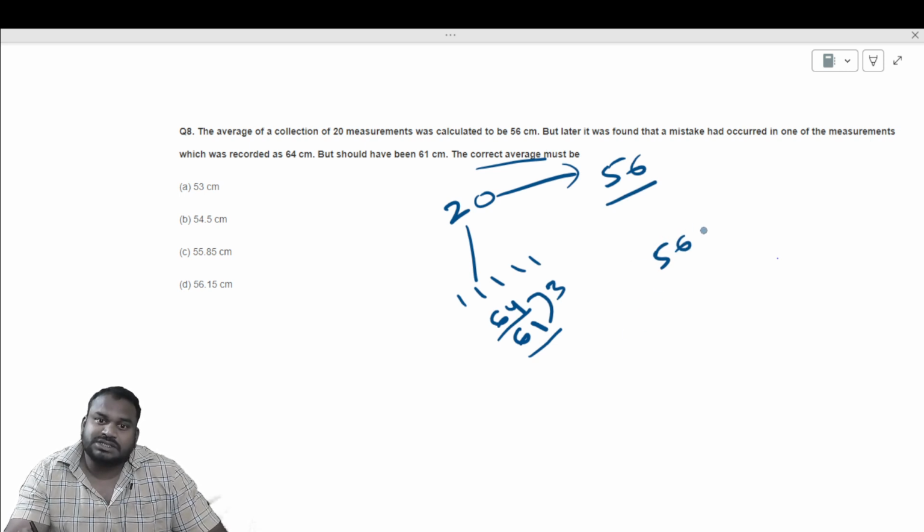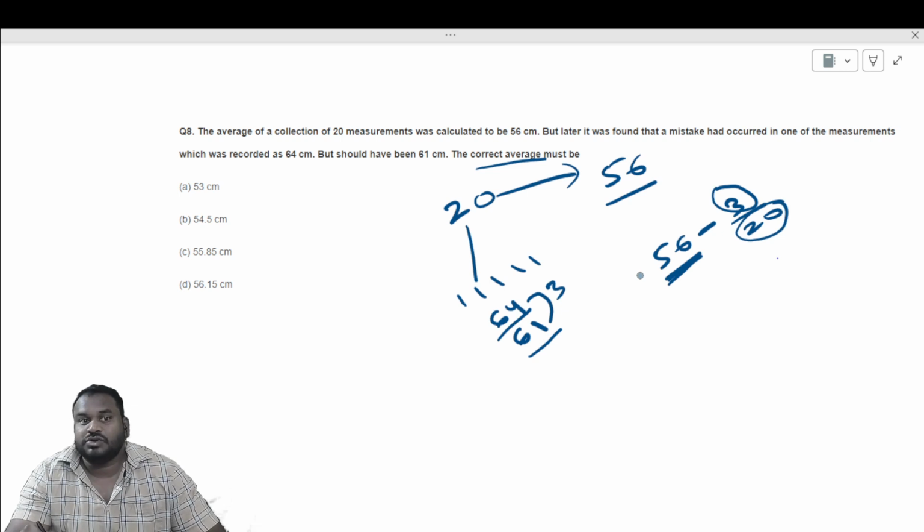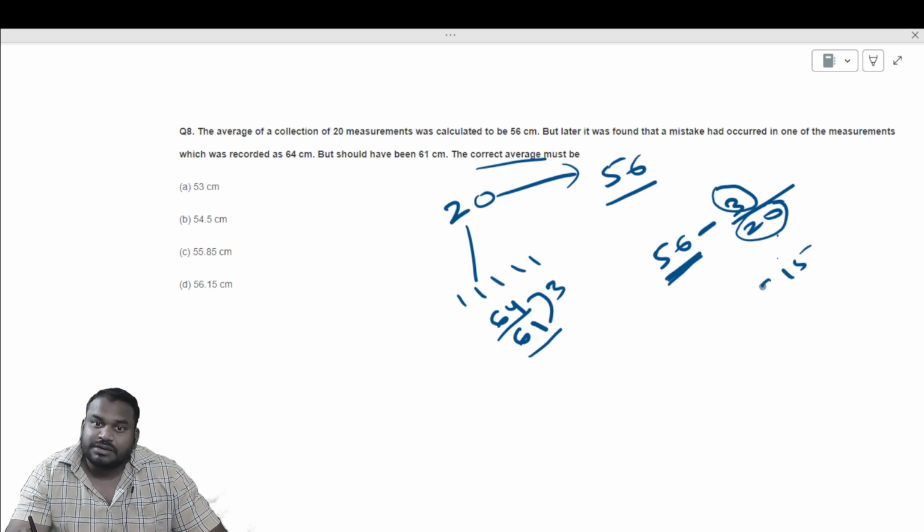So just subtract 3 divided by 20, because this is the average obtained, but it is a wrong average. Because of the addition of 3 extra, we got 56. So that extra 3 should be subtracted, but it should be divided among the 20 measurements. That's why 56 minus 3 by 20 will give you the correct answer. 3 by 20 means 0.15, which should be subtracted from 56.